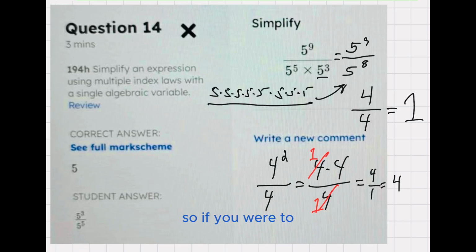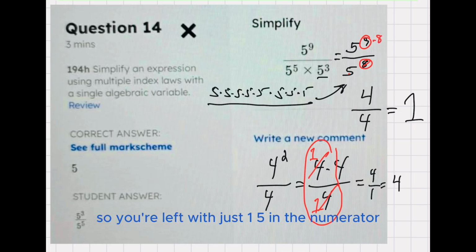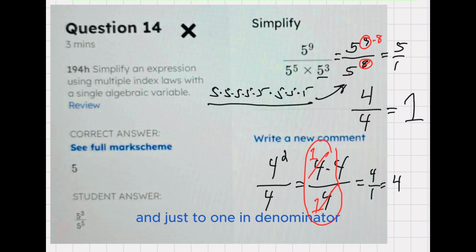So if you were to divide out all the matching 5s, you would divide out 8 of those 5s. So this 9 would become 1, because 9 minus 8 is 1. So you're left with just one 5 in the numerator and just a 1 in the denominator. So the answer is 5.